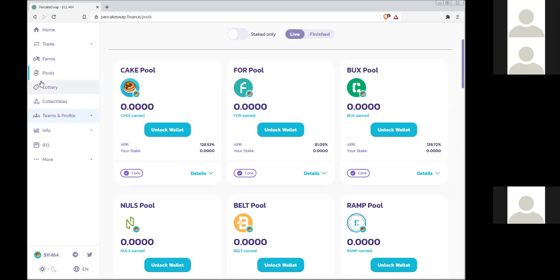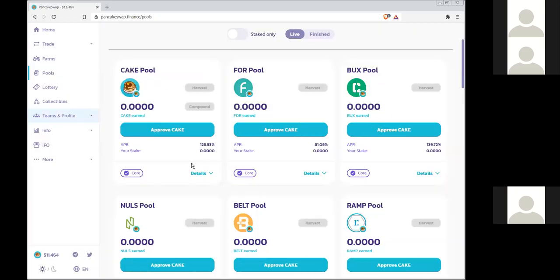These pools function similarly to staking, where it's just one simple coin. On this one, Cake, let's take a look here. It says the APR is 128%, which works out to roughly 1/3% per day.